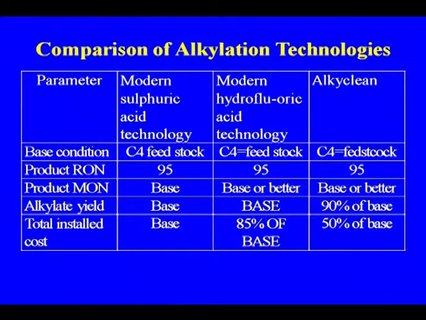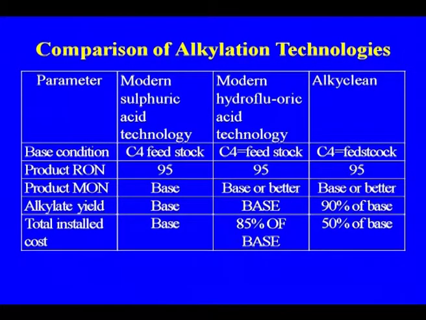These are some of the comparison parameters: base condition, product RON, product MON, alkylate yield and the total installed cost, comparing modern sulfuric acid technology, modern hydrofluoric acid and the Alkylene solid acid catalyst. There is not much difference in the product MON, and this is not the only criterion, because when you are using any catalyst, the environmental part and the corrosion part also come into the picture, along with the total cost.